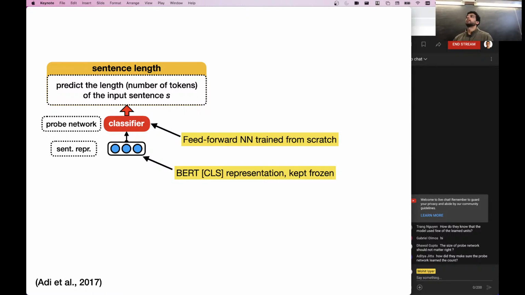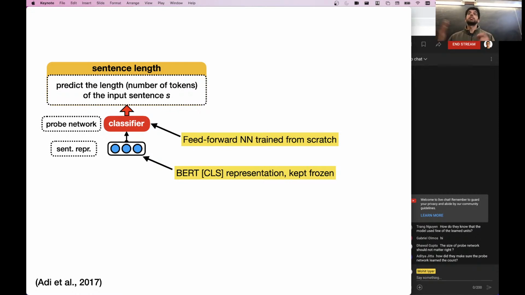Okay. I see a YouTube question. The size of the probe network should not matter, right? That is not true, as we'll see in a bit in response to your question as well. How did they make sure the probe network learned the count? You can measure the training accuracy: does this classifier predict correctly the length of a sentence in the training data? You can also measure the test accuracy.